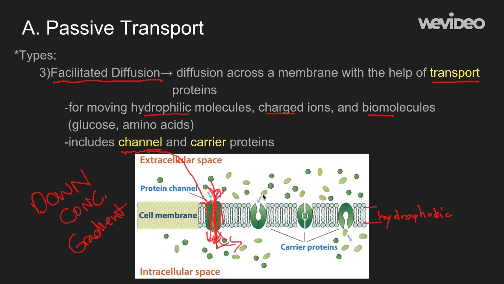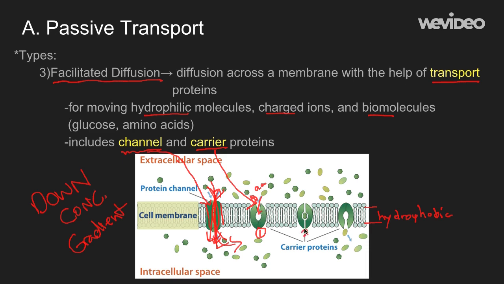Other things, say this is an amino acid, sometimes they have what's called a carrier protein. All the carrier protein does is there's three steps. Number one, it's open. Let's say that this is an amino acid right here. The amino acid will fall into that little spot that it fits in.